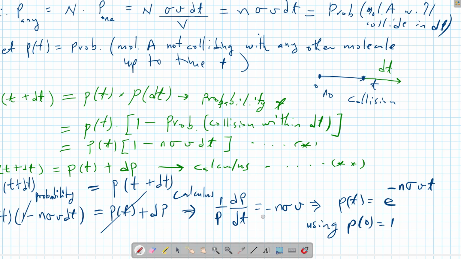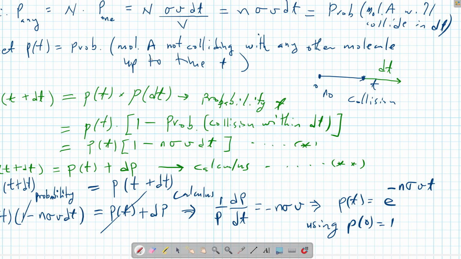So integrating this differential equation, you're going to get pt, which really makes sense: the more time it takes, the less this probability is. So this probability goes to 0 as time becomes bigger and bigger, or as time goes to infinity. With time, molecule A is definitely going to collide with something.